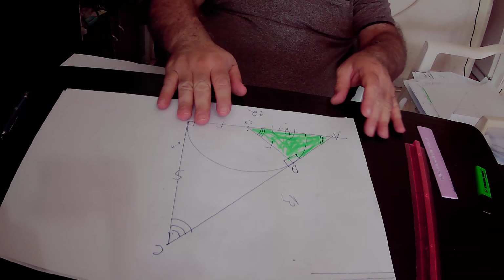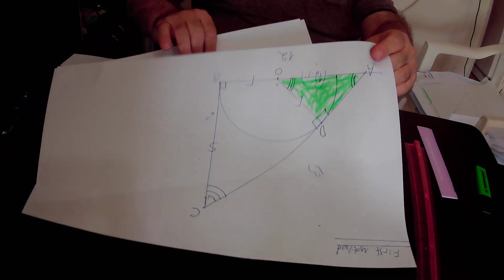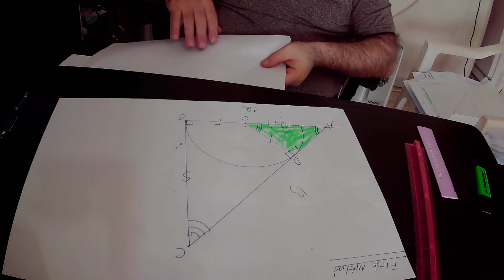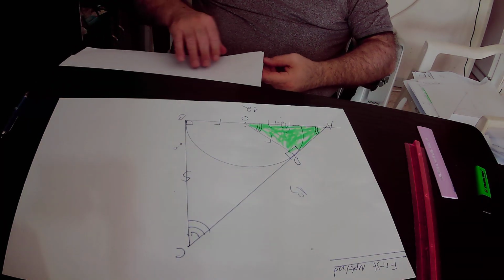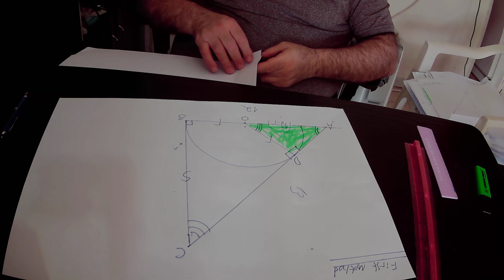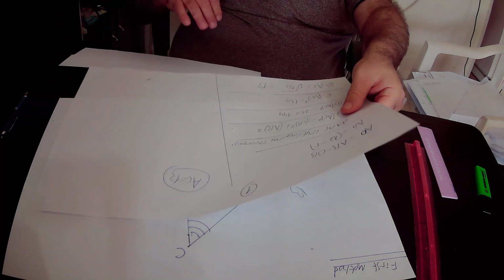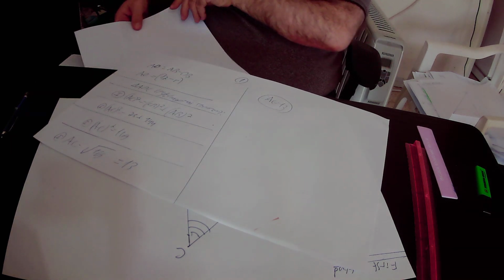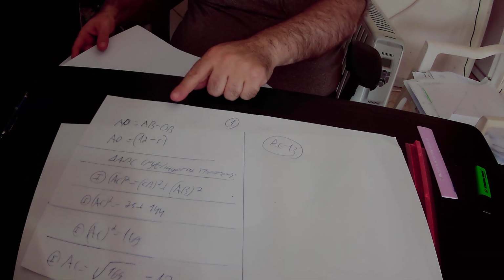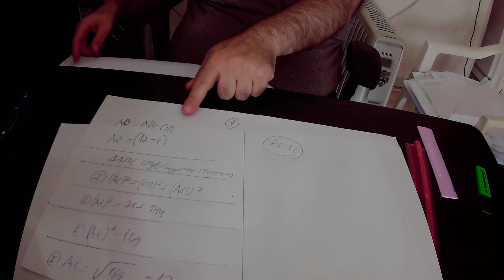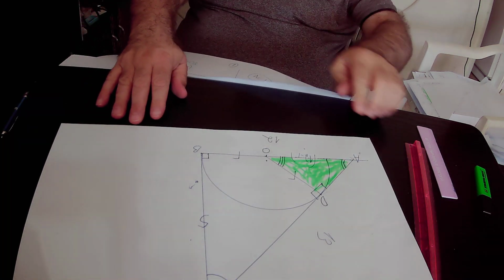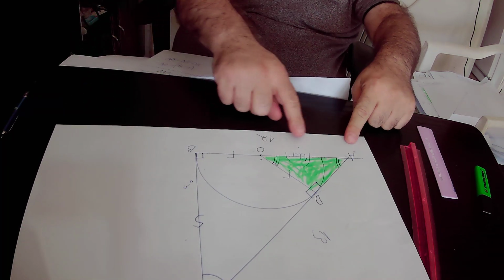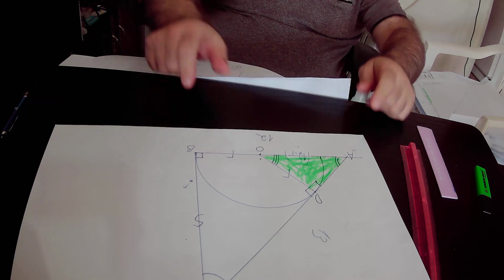AO equals AB minus BO. Again, AO equals AB minus BO.